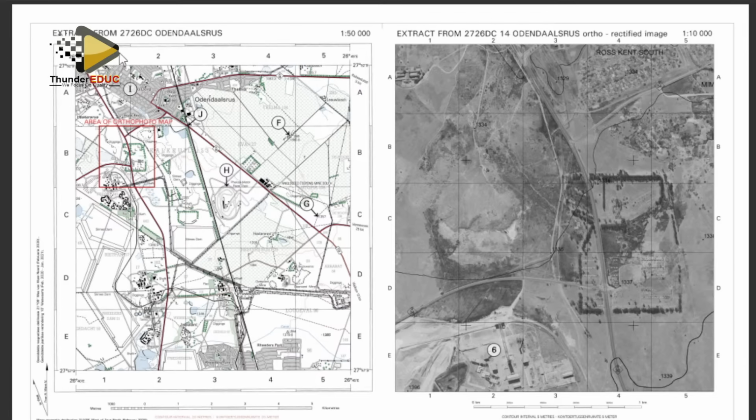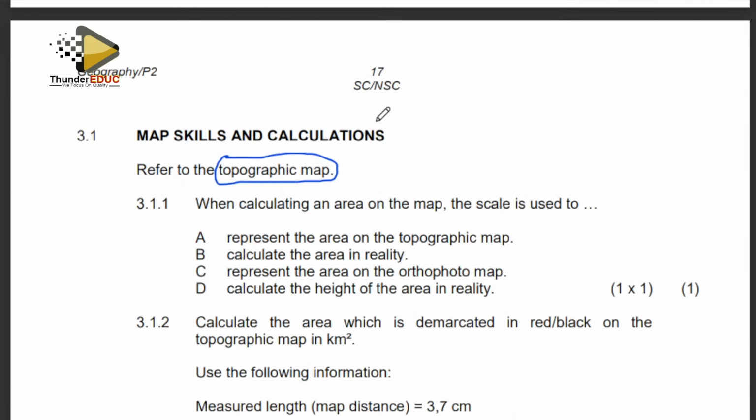So here are the two maps that we are supposed to use. This is the topographic map, and this is the orthophoto map. So by looking at this topographic map, we get the question. The question says refer to the topographic map. All right.